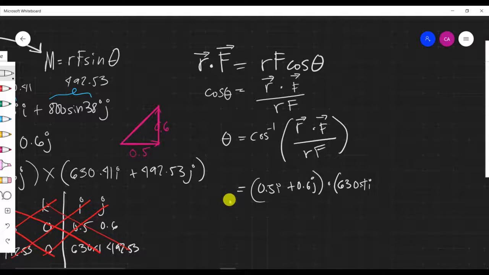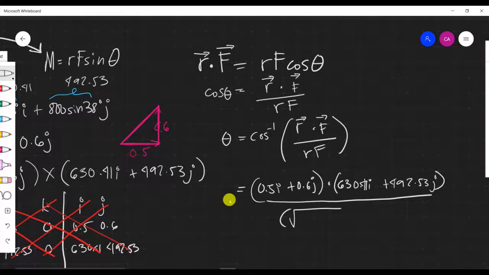Over RF, which is yung magnitude ng R, square root ng 0.5 square plus 0.6 square, multiplied with the square root of 630.41 or 800 na basically. Magnitude niya kasi 800 na. Okay? So, arc cosine natin yun.